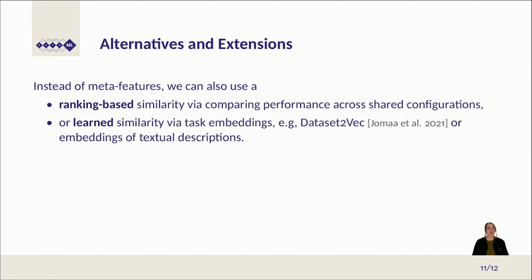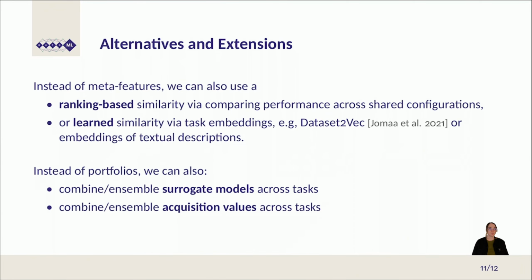Dataset2Vec, for example, is a very prominent example, but of course we could also just use embeddings of textual descriptions. Lastly, instead of a portfolio, we can also directly combine the ensemble surrogate models that we built on our previous tasks or on our meta tasks, or we can combine an ensemble of acquisition values.